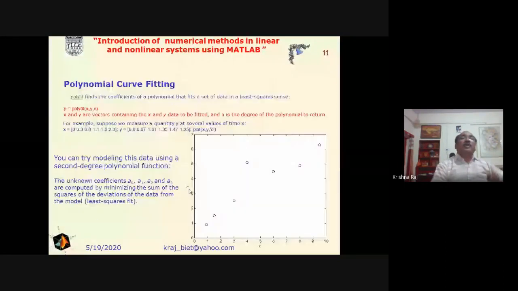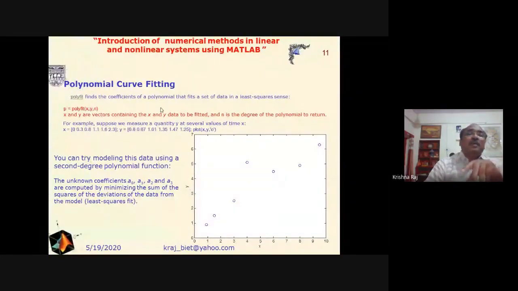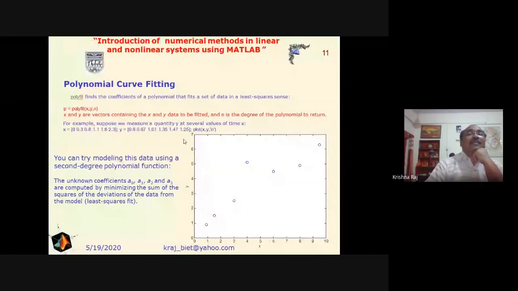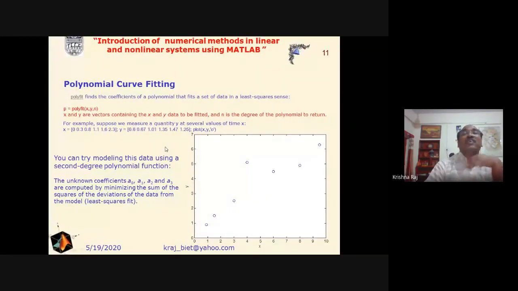Now polynomial curve fitting. Since this is a very important aspect of mathematics, and mathematicians are very well known about this fact and about the concept of curve fitting. We are just describing here the MATLAB, which will facilitate our concept.